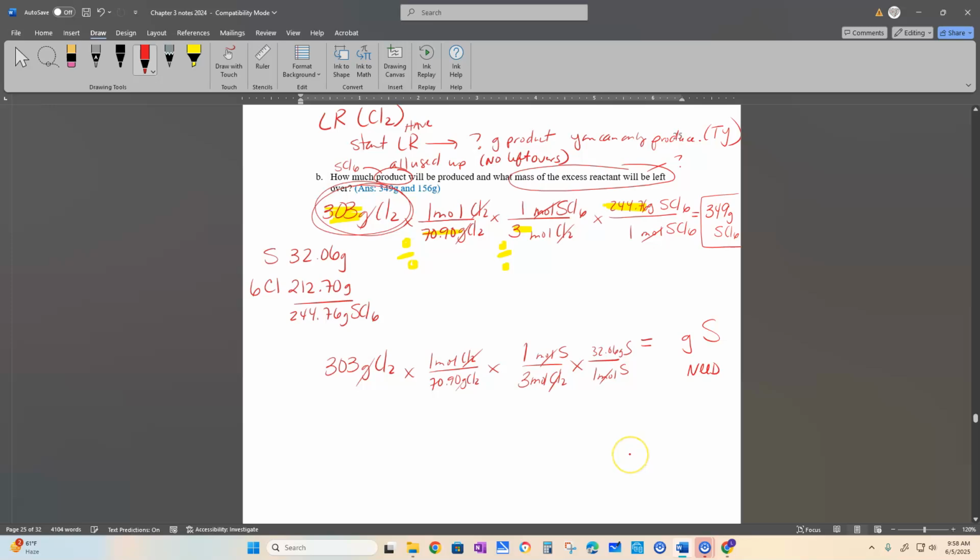And we're going to plug that in. So we're going to take the 2 top numbers, 303 times 32.06. So I like to keep track of what I'm plugging in the calculator, and then I'm going to divide by those 2. So divide 70.9 and then divide 3. So according to this problem, I only needed 45. It looks like we're using 3 sig figs, so 45.7.